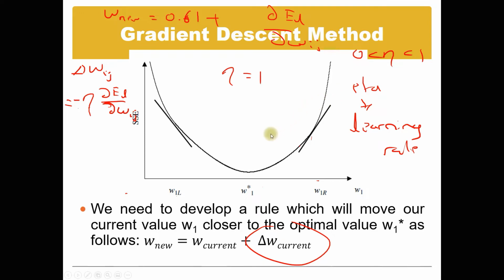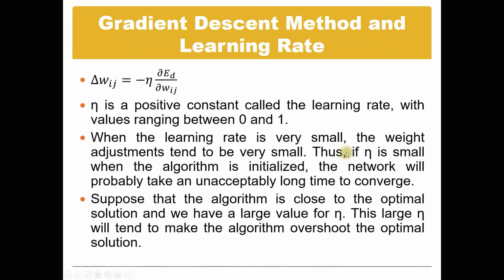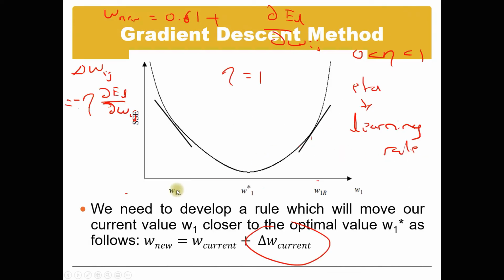Eta will be a value that will lie between 0 and 1. So let's suppose I decide to take an eta of 0.01. What is going to happen then? If you take 0.01, it will make that change that was supposed to go on this side go slowly.